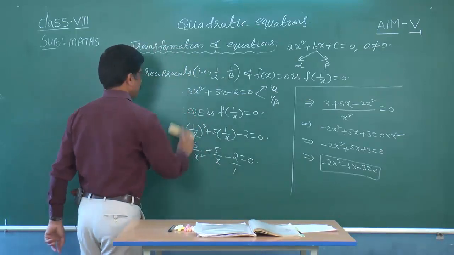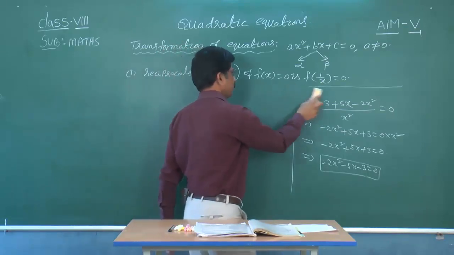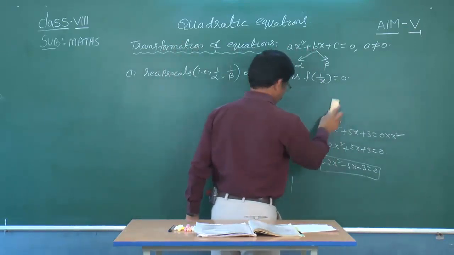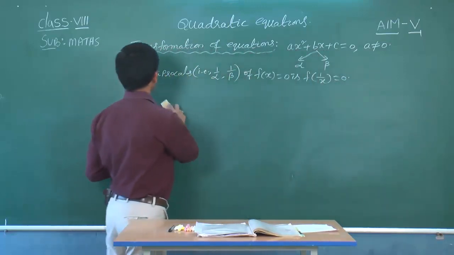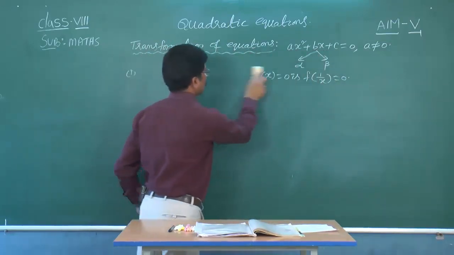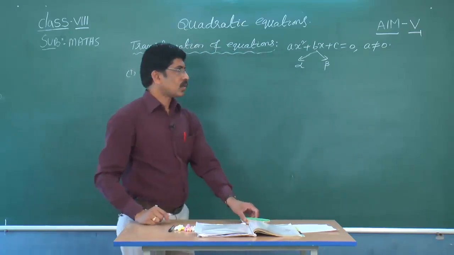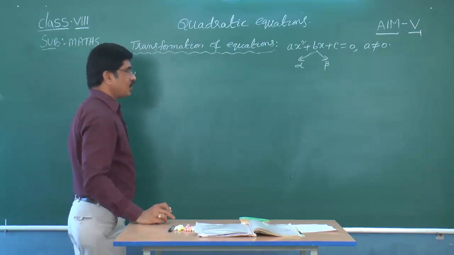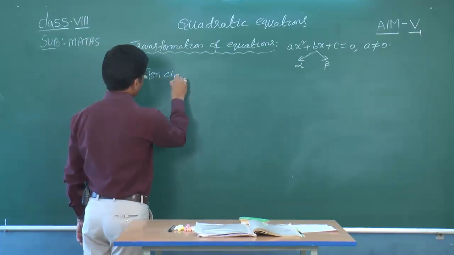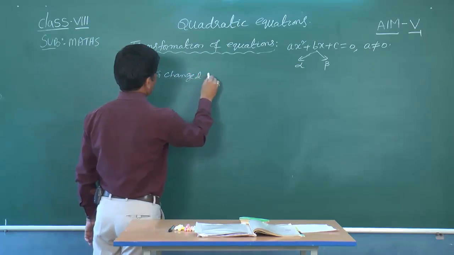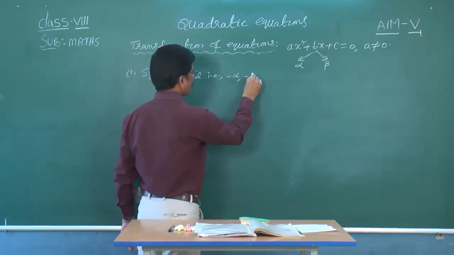Next, the second one. Roots are sign changed, that is minus alpha, minus beta.